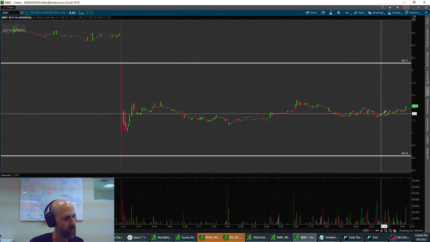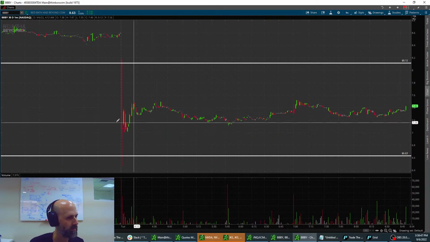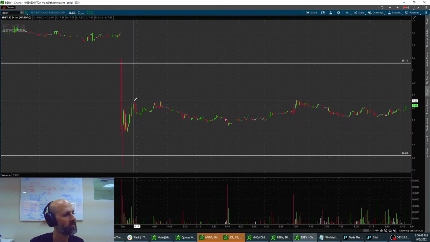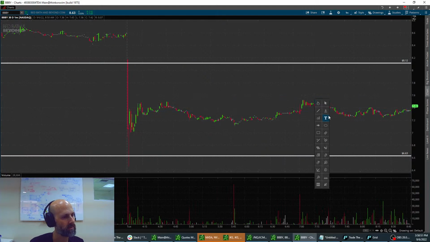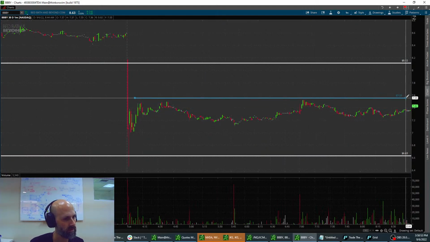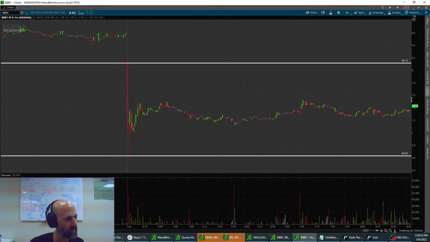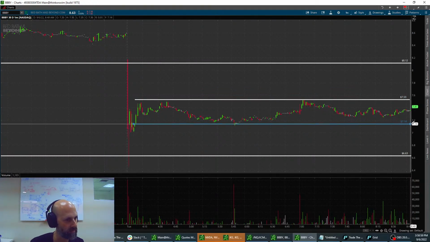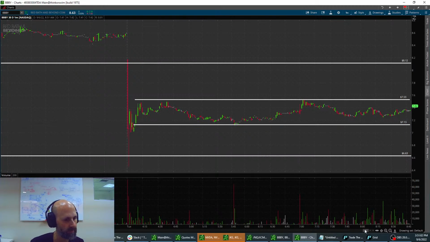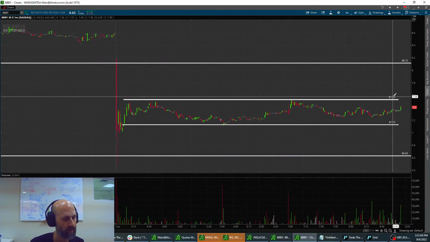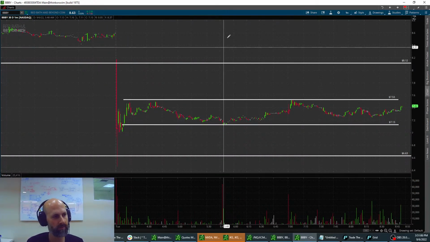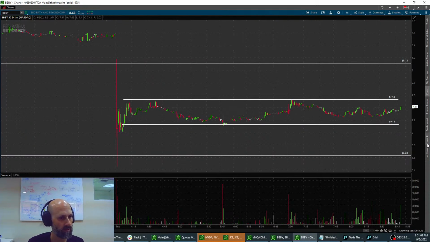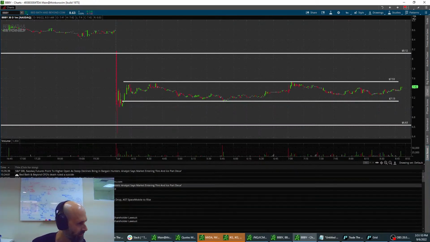So we will have to wait and see for the first move, a breakthrough of that range at around 7.50 or a break of the 7.15 area. As long as we are in that range, we don't have a lot to do with it. Let me see the news again.